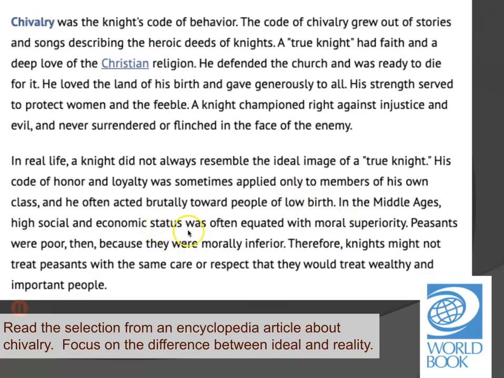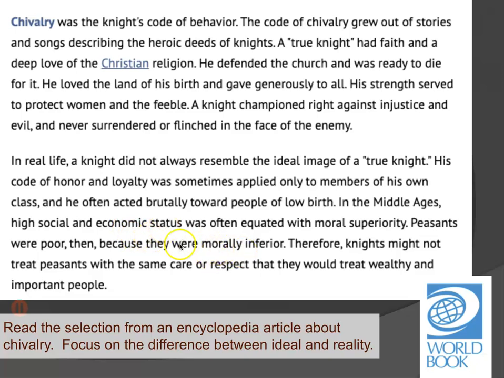And in this case, they're pointing out that medieval people felt like your social and economic status was connected to your moral superiority, which means that you were a better Christian, that you had a better understanding of right and wrong behavior, that you acted in a more positive way, and that's what brought your economic status. When in reality, so much of it was simply determined by birth.